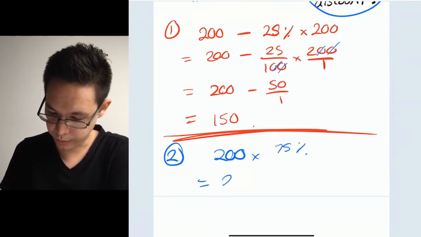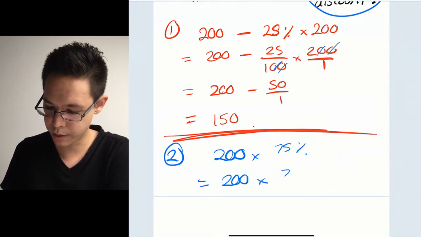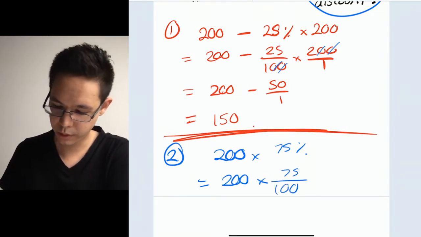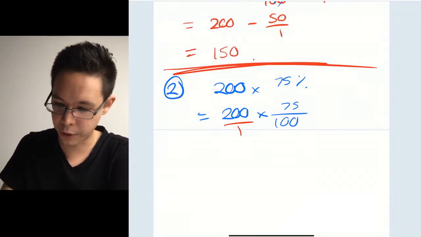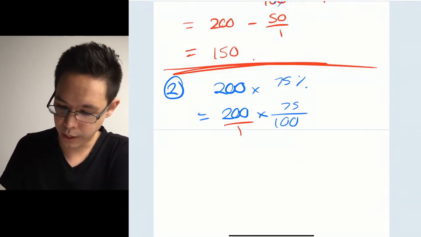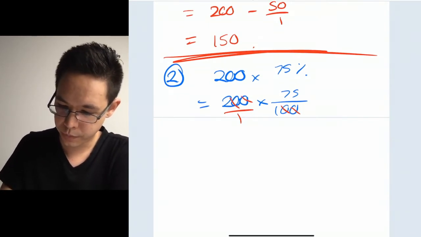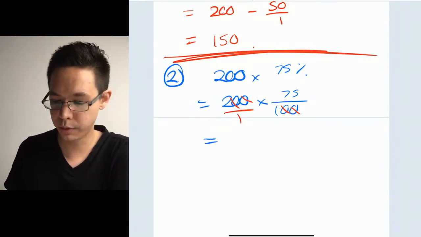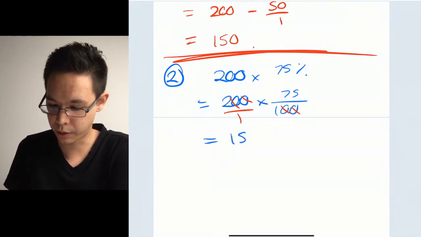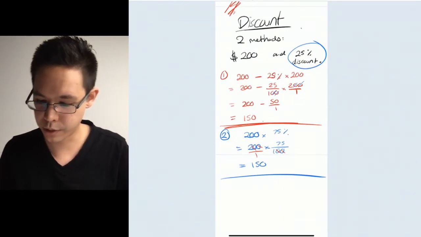So I could do it that way. 200 times 75 over 100. And then I can convert this into a fraction as well. And once again, just crossing out some zeros, cross simplification. So it essentially becomes double 75 over 1. So that's the same thing, 150. So that's two options on how to solve a discount.